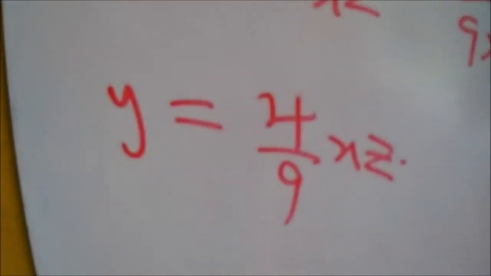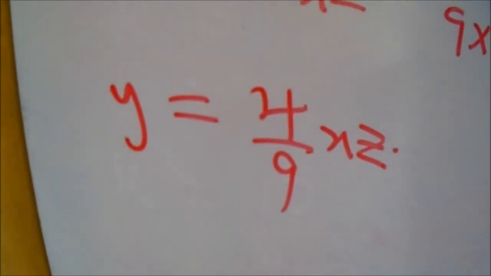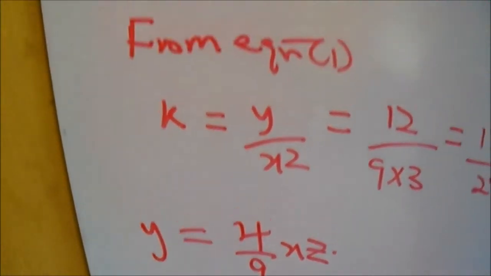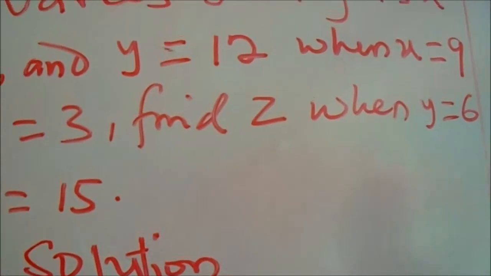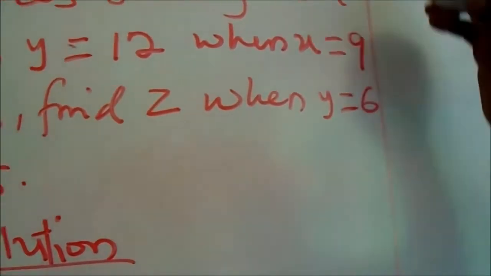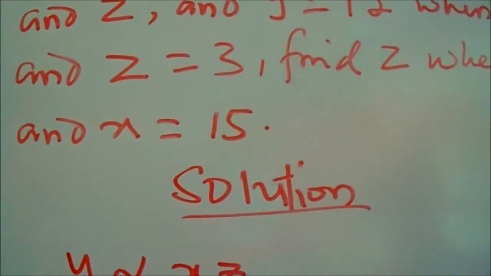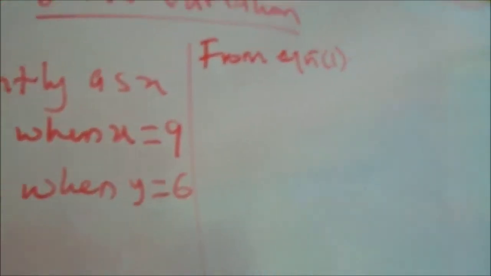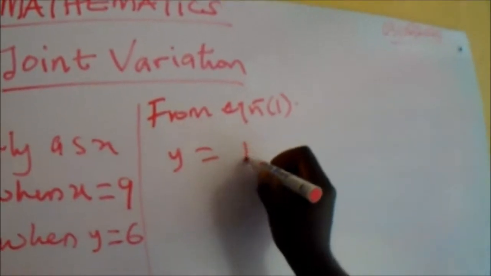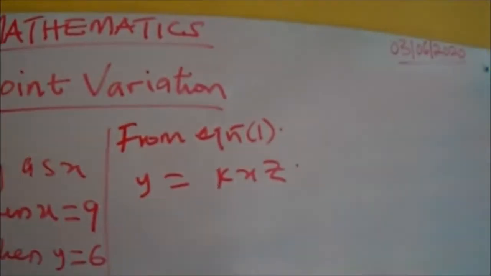From the question, we are to find the value of z, given that y is 6 and x is 15. From equation 1, y equals kxz.